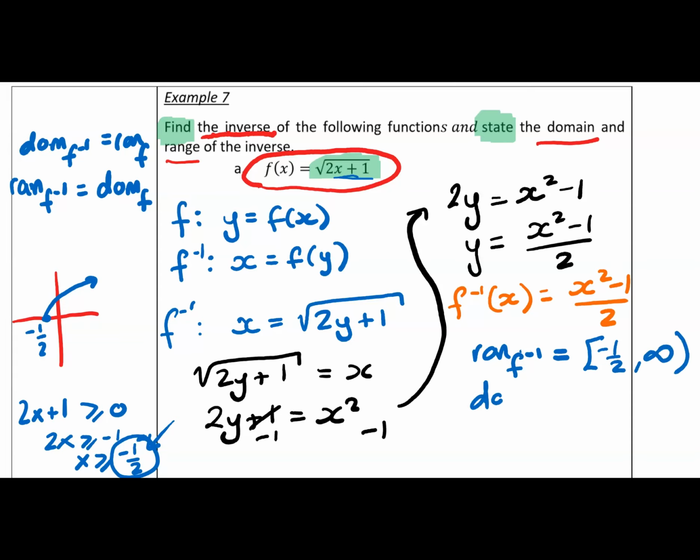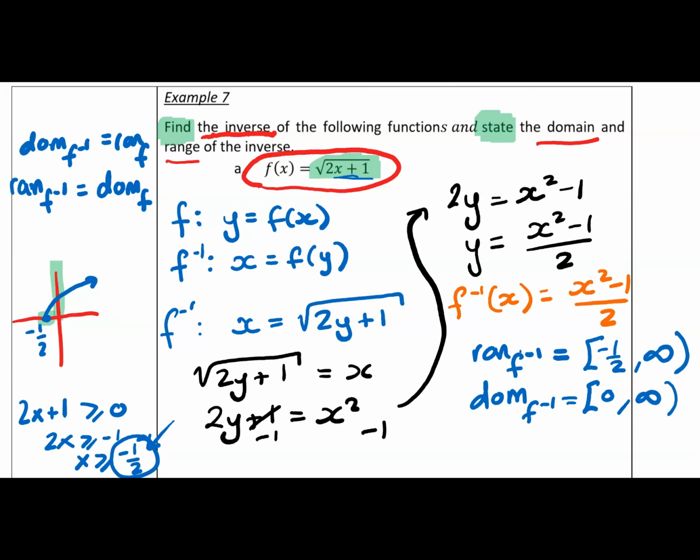Now the domain of this inverse, well, that's the range of the old function. And looking at this, it starts at negative 1/2, 0, and then it just goes up. So all the possible y values there are from 0 to infinity. So my new domain, being the old range, is 0 to infinity.